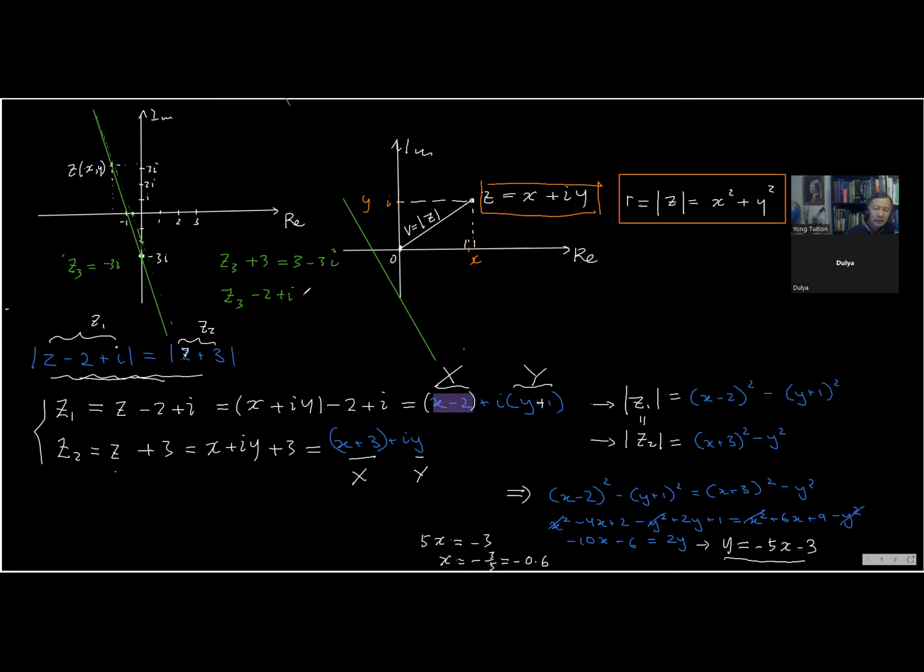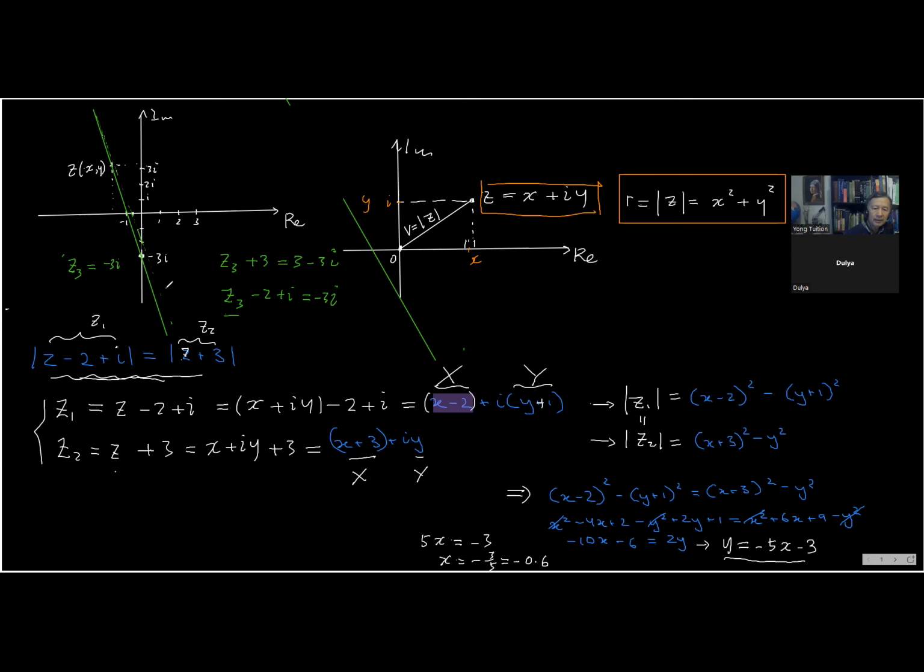So if we put them together, can we put -2 here? Oh sorry, I wrote this down first. It's not the same. Can we get 3i negative? And that is our original z.